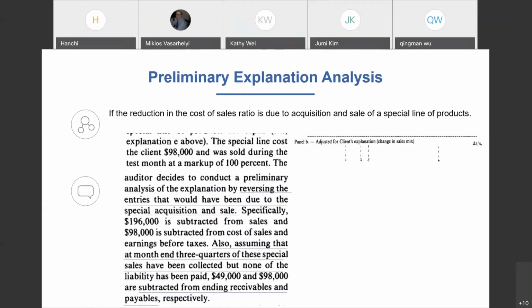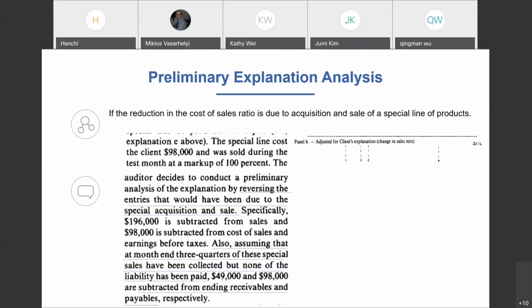We should also assume that at month end 3/4 of these special sales have been collected, but none of the liability has been paid, so we subtract them from ending receivables and payables. After that, we can find the variation and compare it to see whether this is the real reason or not.